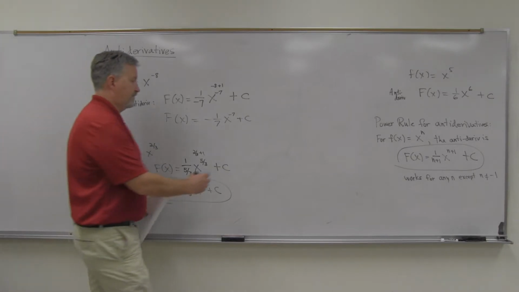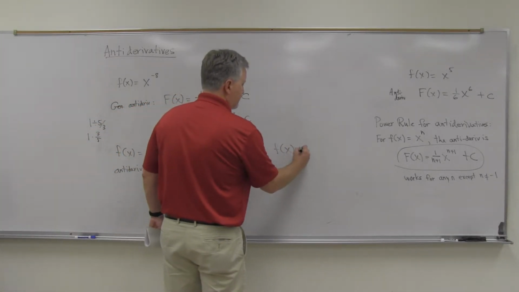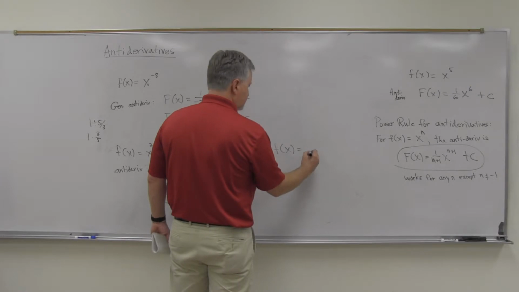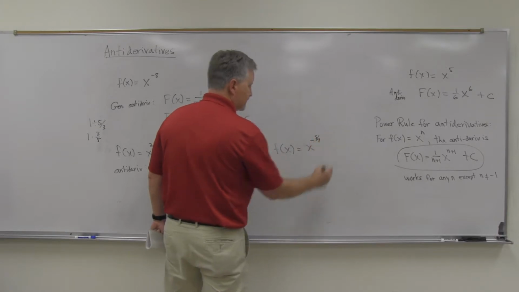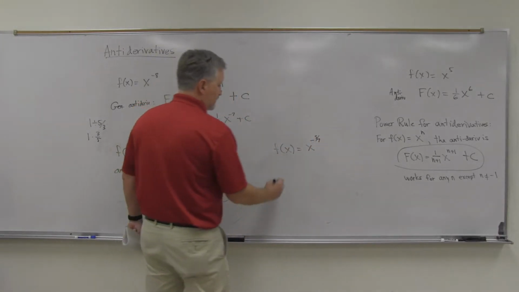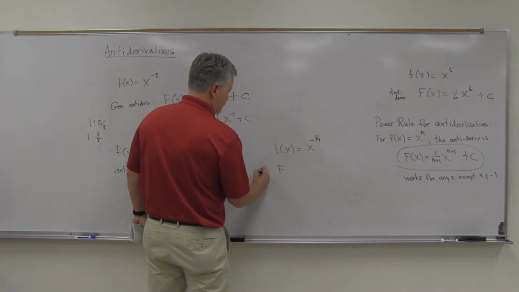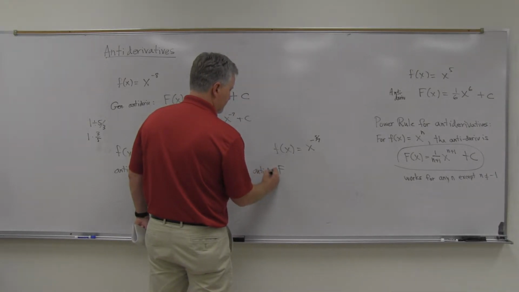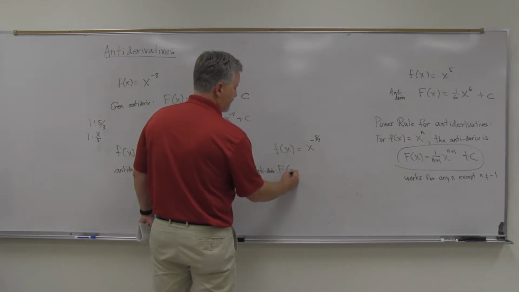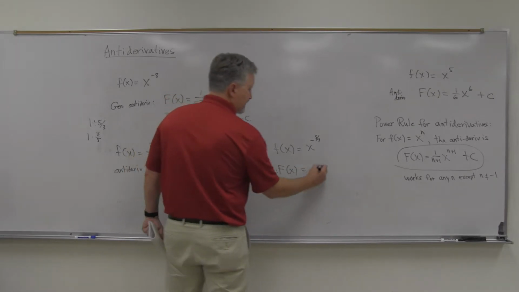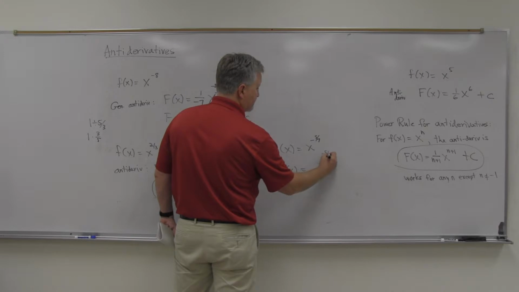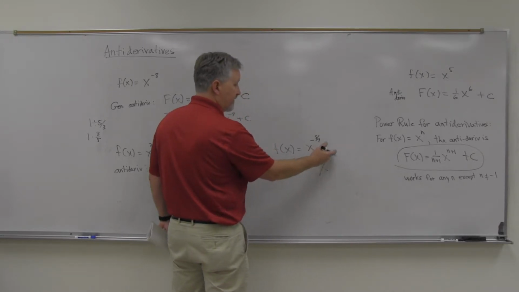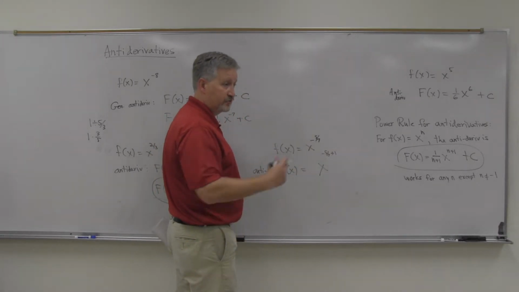So if I've got f of x equals x to the negative, well, let's say 5/7. The antiderivative, big F of x, equals, all right, so start with the new power for the antiderivative. New power would be negative 5/7 plus 1, or negative 5/7 plus 7 over 7, which would be 2 over 7.